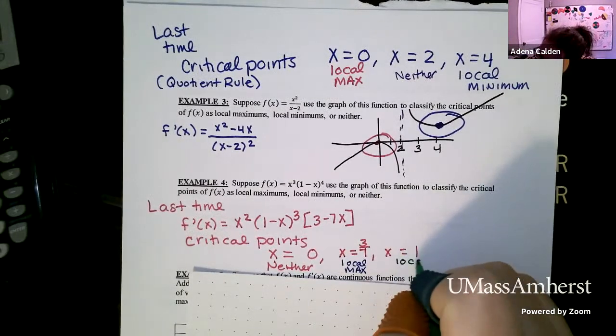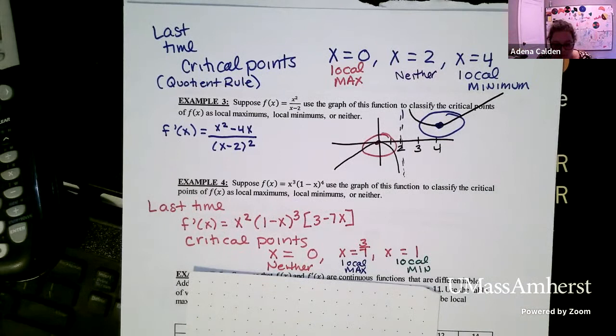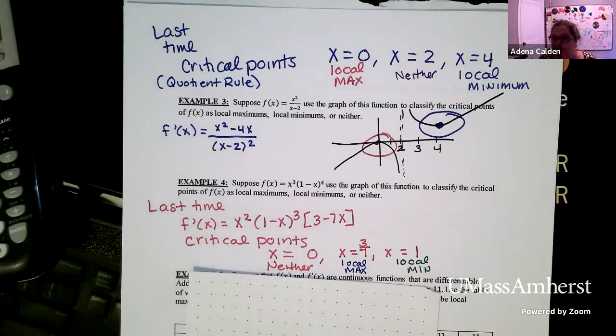Okay, so again, for me anyway, I probably would not choose to use a graph to classify this particular function just because it is so finicky. I would use one of the other tests that we'll learn today, but you do have options. So that's the 2 last examples on the algebraic type of classifying critical points using the original function.